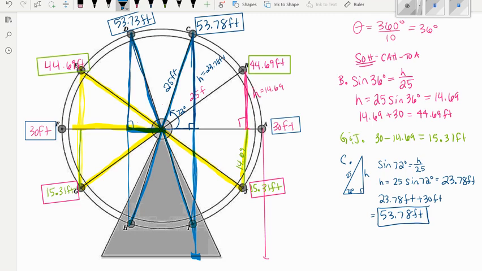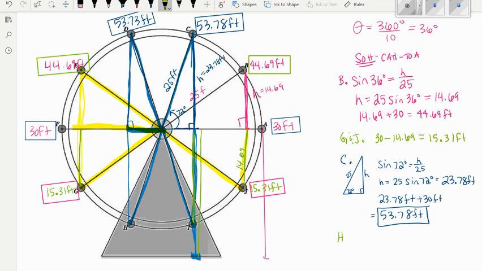And we can see that if we were to flip our triangle over the x-axis, H and I also use the same triangle. So we can use that to help us figure out the distance of H and I off the ground. We know that this distance, from here to here, we said was 23.78. So if we know the total distance from here to here is 30, we're just going to subtract.